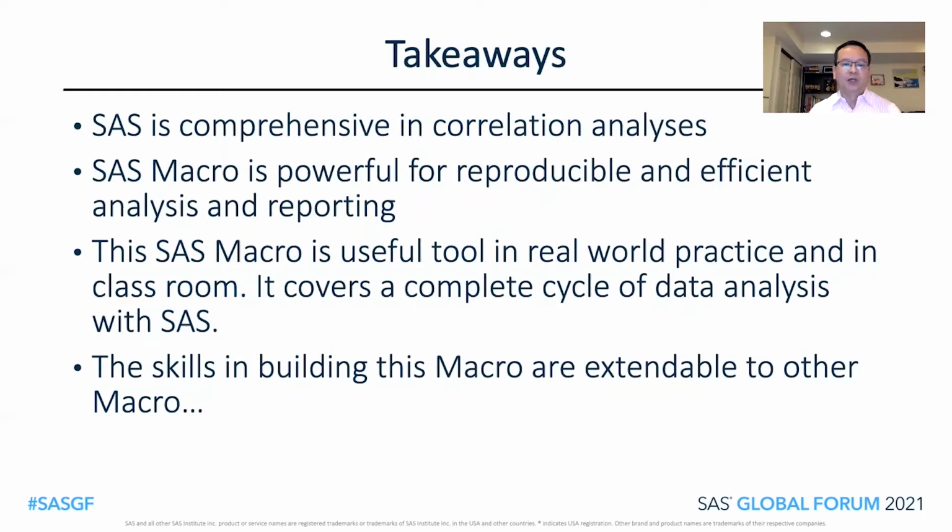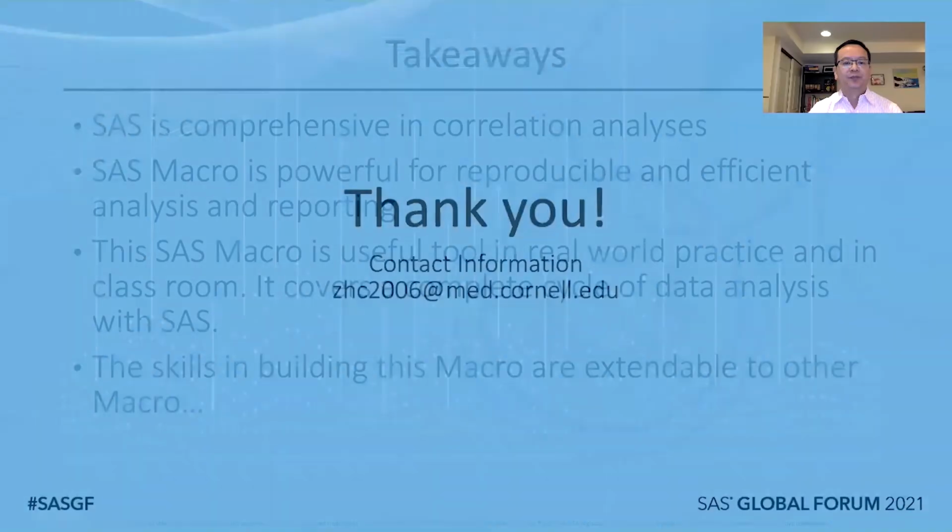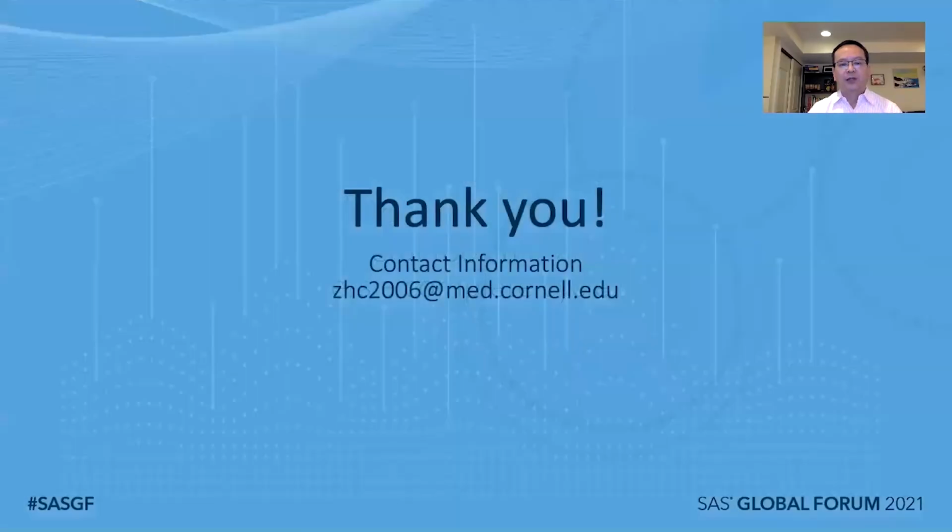It basically covers a complete cycle of data analysis involved in correlation coefficients, using SAS alone. And the skills built from this macro are very extendable to other macros as well. I'll stop there and thank you for your attention.